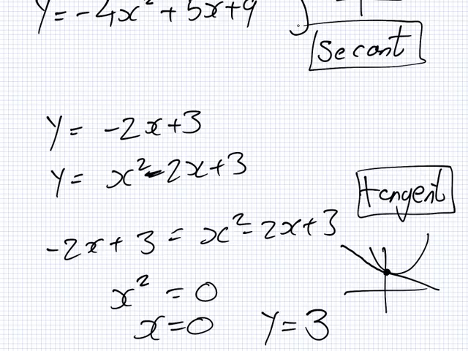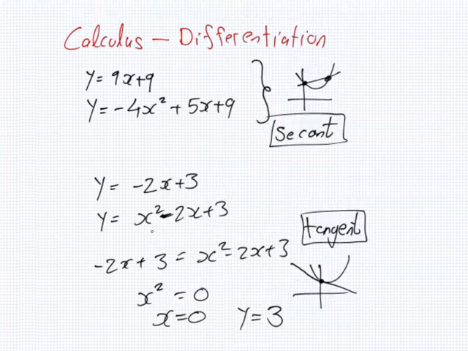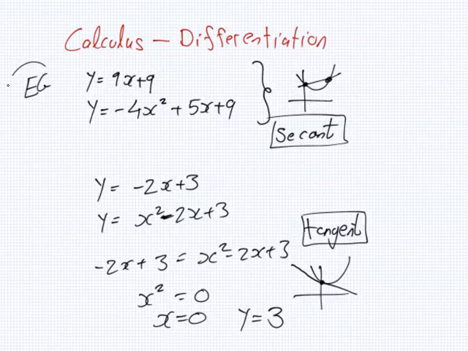Okay, so what we're going to do now is try and find tangent lines. If we can just write this one down as an example. In the first question, I'm just looking for you to decide and work out if it's a secant or if it's a tangent.